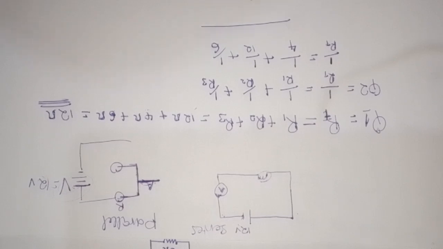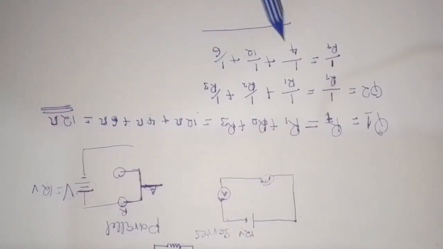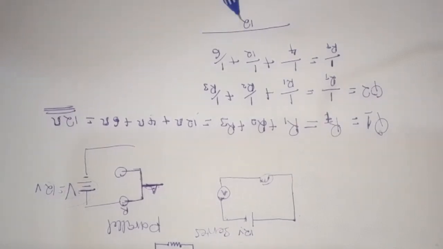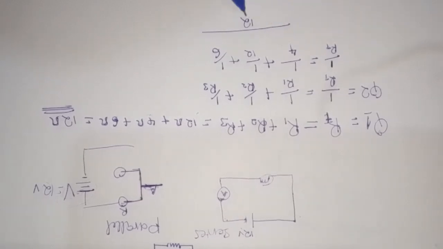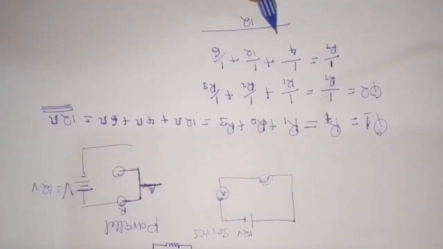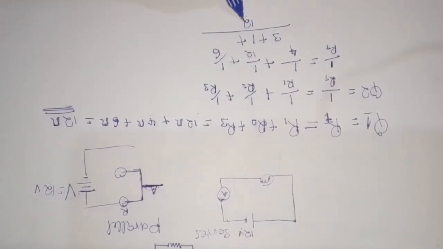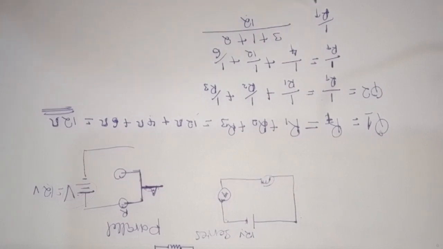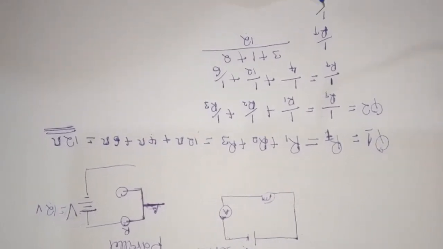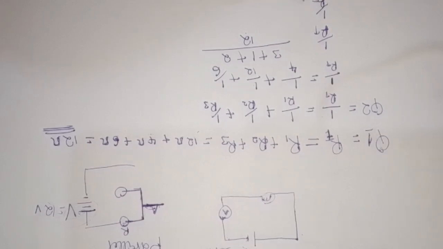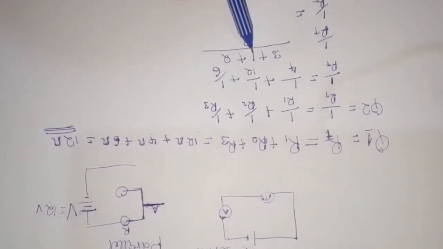We look for a number that 4, 12, and 6 can enter without leaving a remainder, and it's 12. 4 into 12 is 3, 3 times 1 is 3, plus 12 into 12 is 1, 1 times 1 is 1, plus 6 into 12 is 2, 2 times 1 is 2. Remember here we have 1 over total resistance. So 1 over total resistance is equal to 3 plus 1 plus 2, which is 6, over 12.